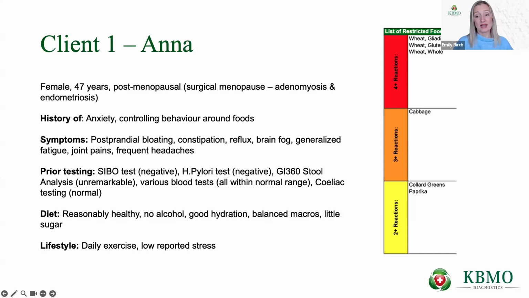She's also got a reaction there to cabbage and also collard greens and paprika. And again, when we look at the hormone, liver health element of this, it's not great that we see these green veggies come up. Not ideal, but fortunately, there are lots of others that we can work with.